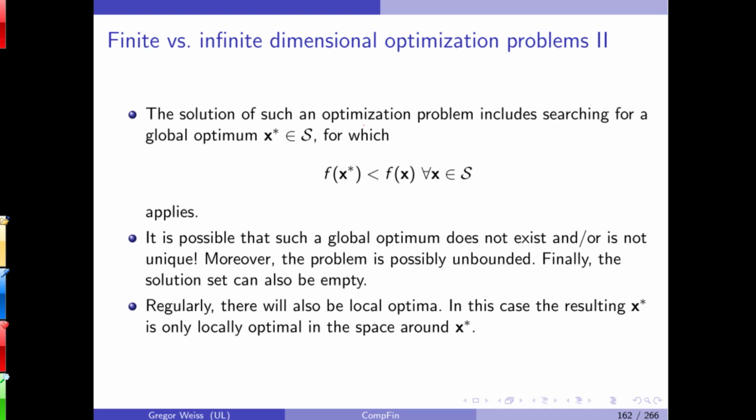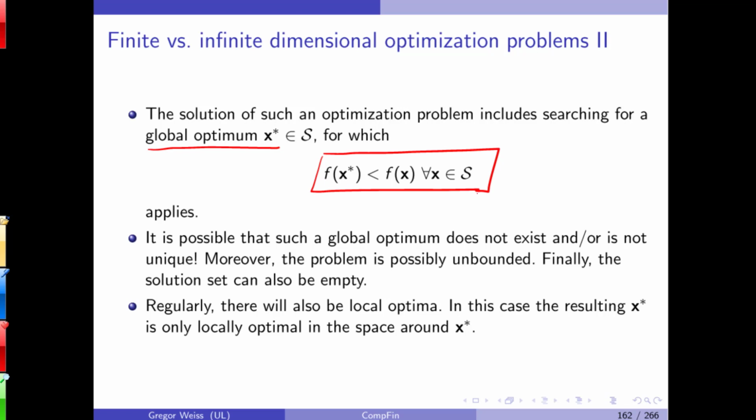Now, the solution of such an optimization problem includes searching for a global minimum for which this holds: the function value of x star is smaller than any other function value for any other solution x in S. We want to minimize f. So if we find a solution x star for which the function takes its minimum, that's our solution.